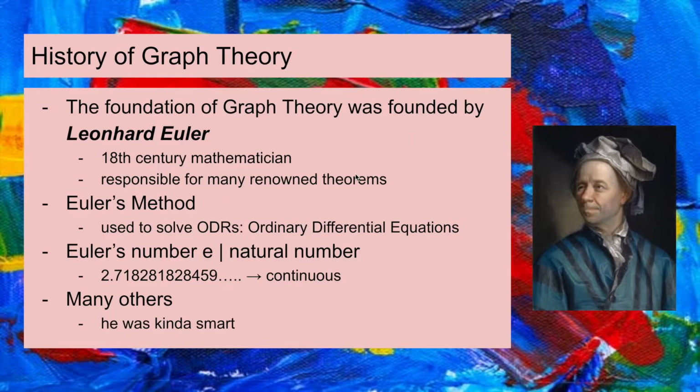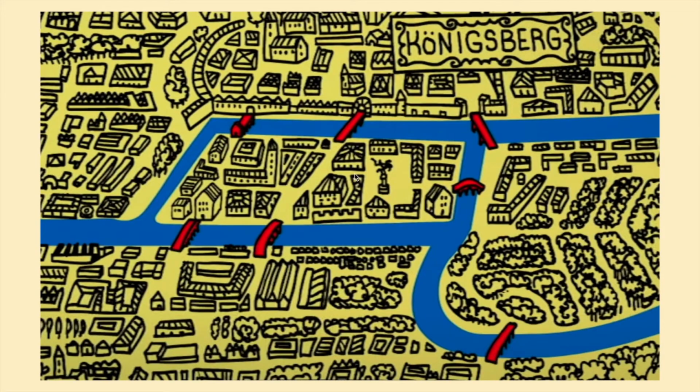And how his finding in graph theory came to fruition is an interesting story. Someone proposed a question to him about this town in, I believe, Germany called Konigsberg. They asked him, hey, Euler, can I traverse across all land masses in this picture and cross every bridge only once?